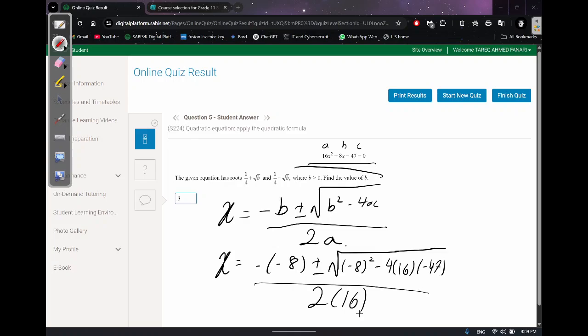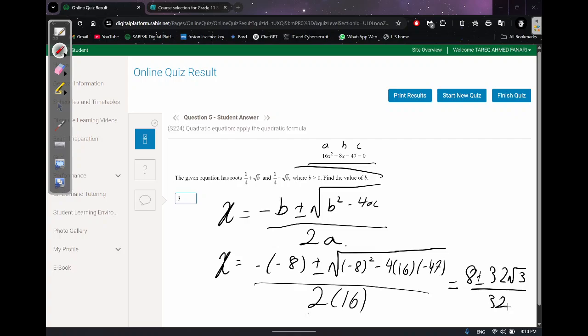Now, you do this on a calculator. Or if you want, we can simplify this. This becomes 8 plus or minus, this radical alone shows me 32 radical 3, all over 2 times 16, which is 32.